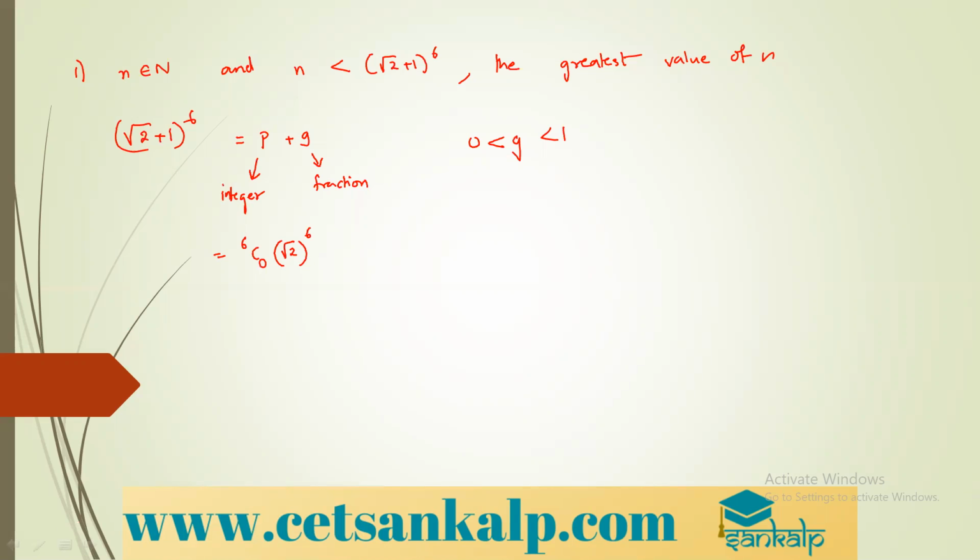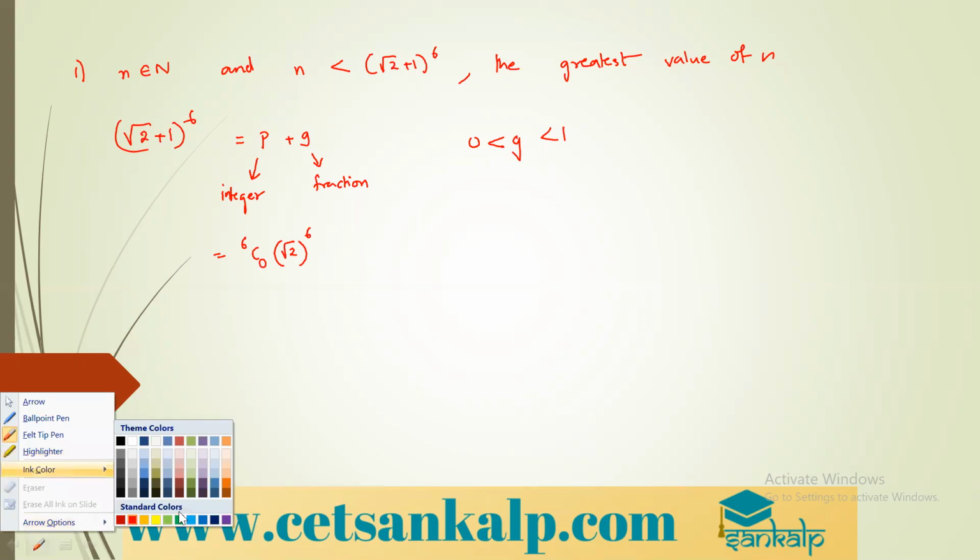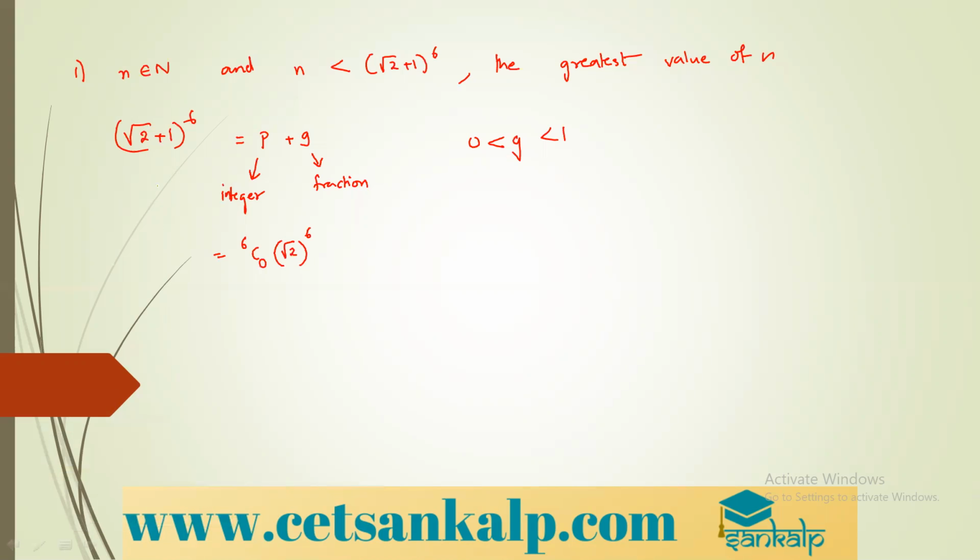The formula I'm using, I will write down so that you will not have any confusion. I'm using (x plus 1) power n, that is nC0 x power n plus nC1 x power n minus 1 plus nC2 x power n minus 2.